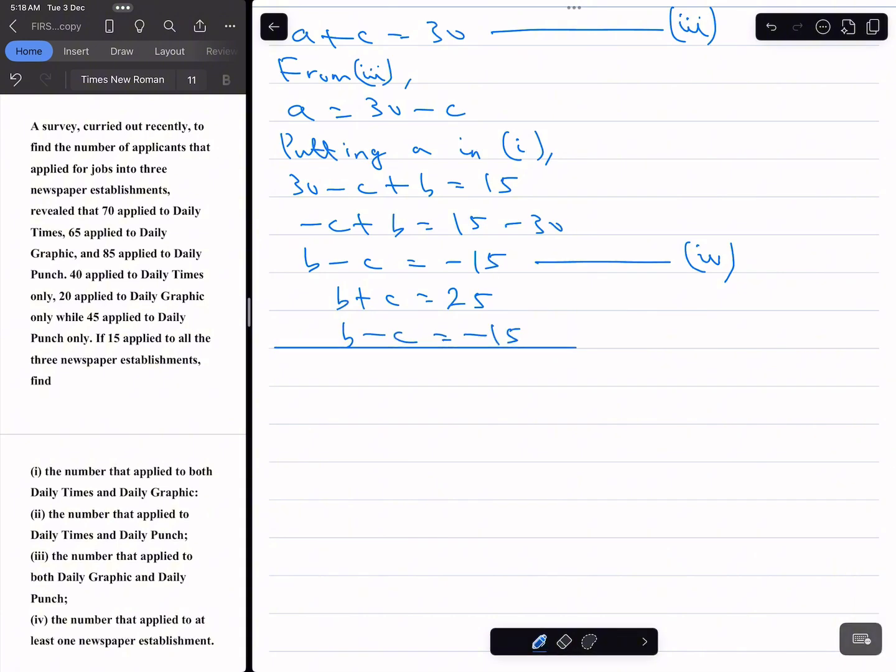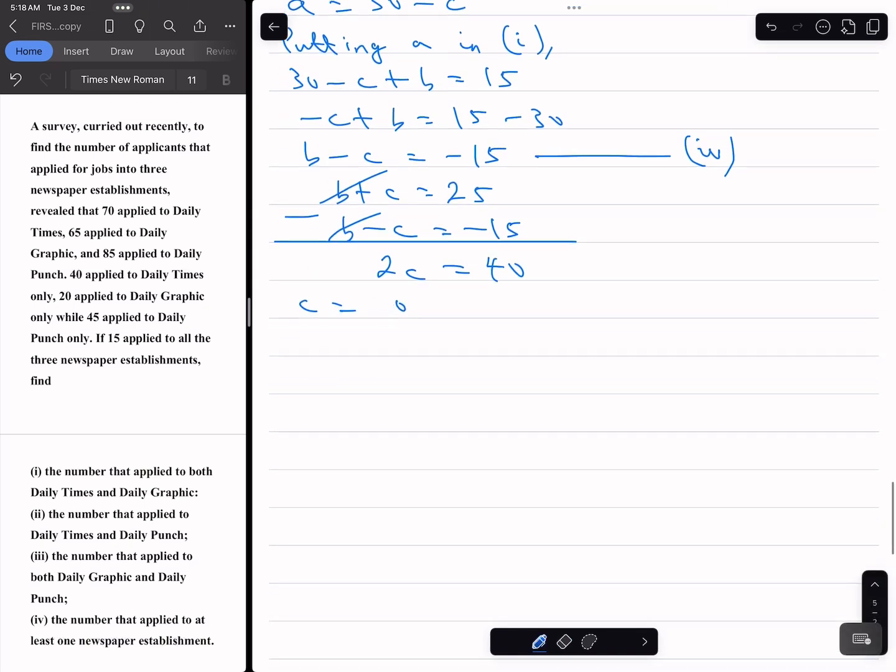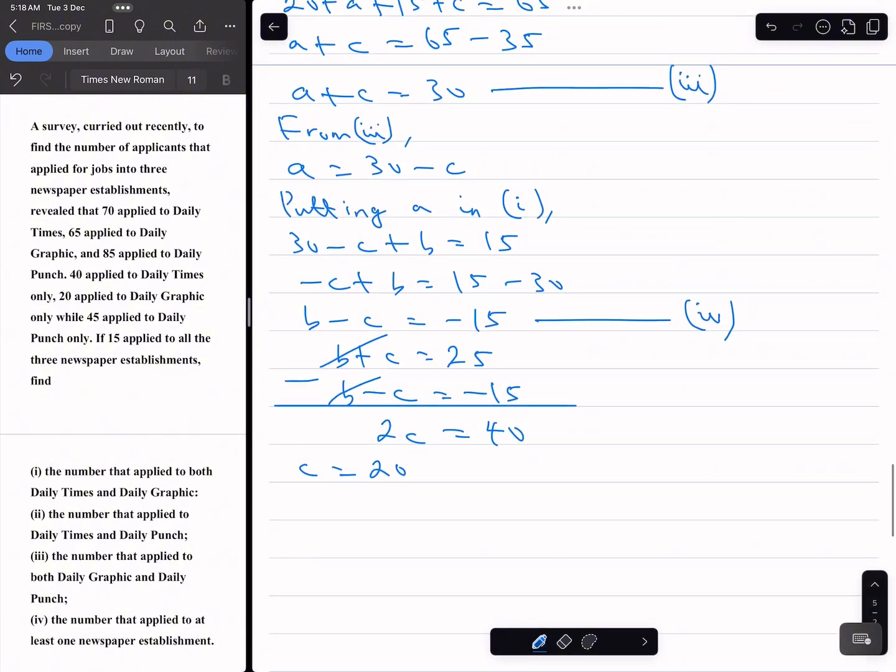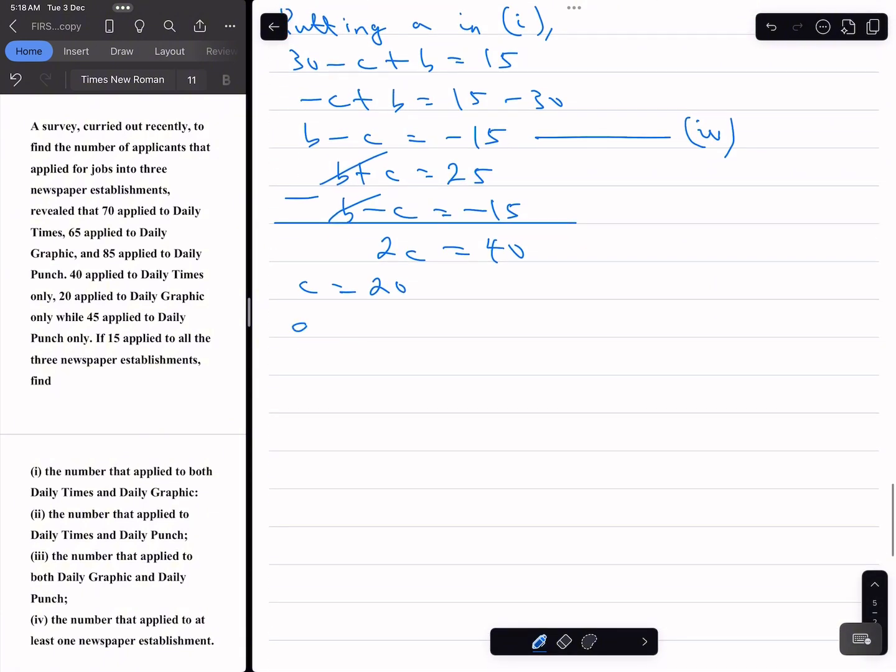So I can subtract to eliminate B. B minus B is 0. C minus minus C means C plus C, which is 2C. 25 minus minus 15 is the same as 25 plus 15, which is 40. And that means C equals 20. So if C is 20, then I can find A. A will be 30 minus 20, which is equal to 10.